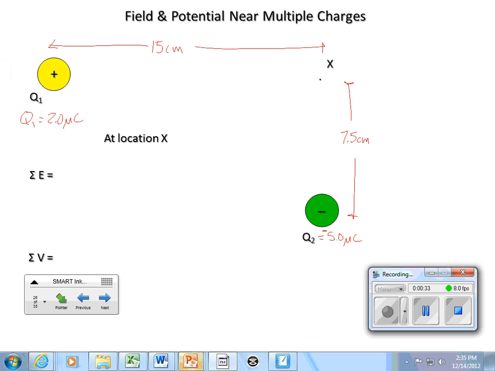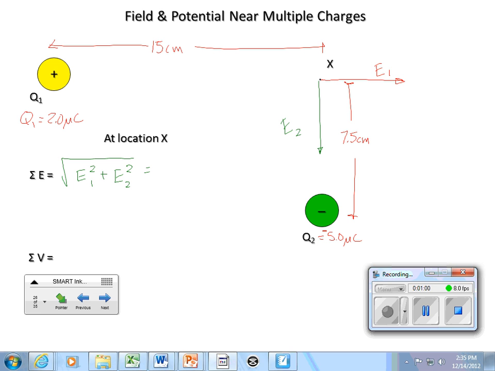from this Q1, there's a field at location X that looks like this. We'll call it E1. At that location, there's a field from charge 2 that looks like this. I'll call it E2. And we know that to find the net field, we're going to have to do the Pythagorization of those two fields.